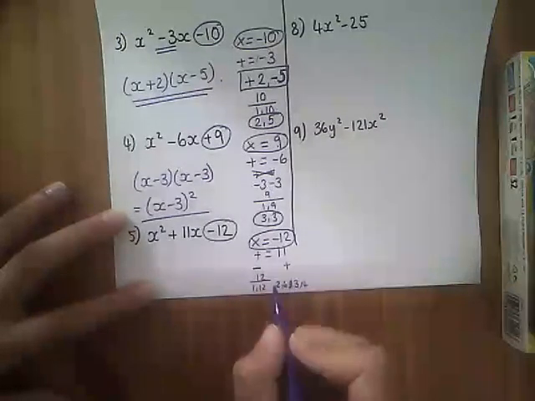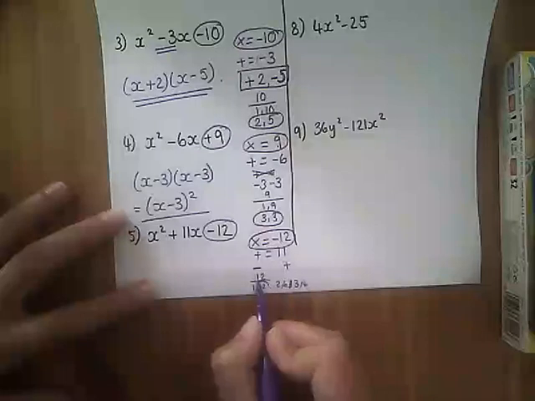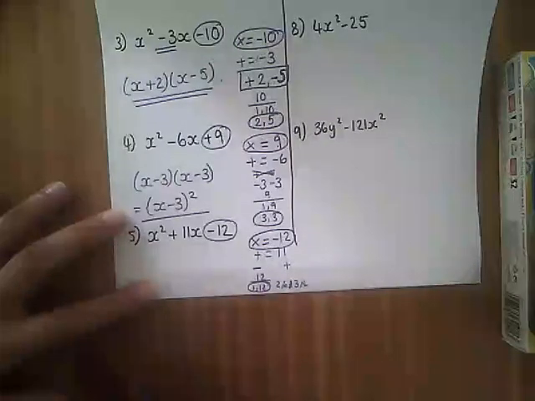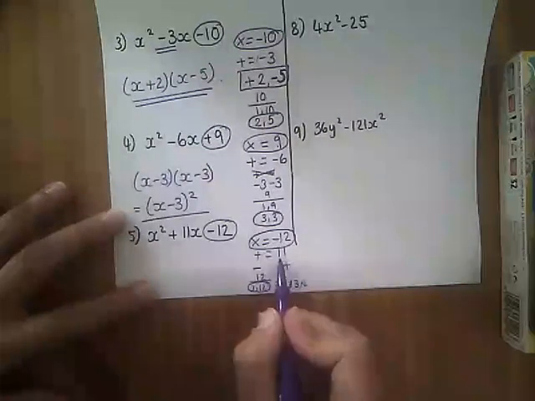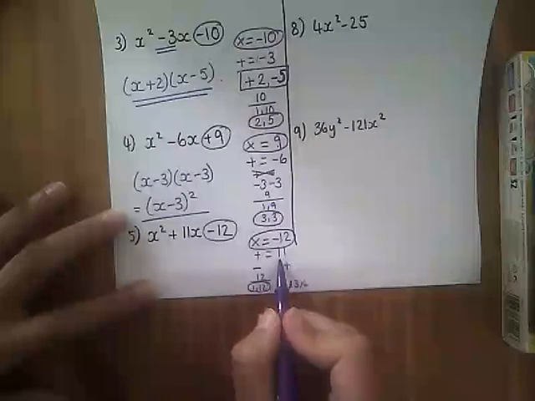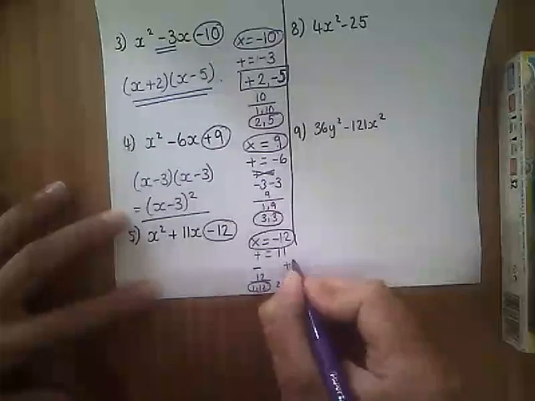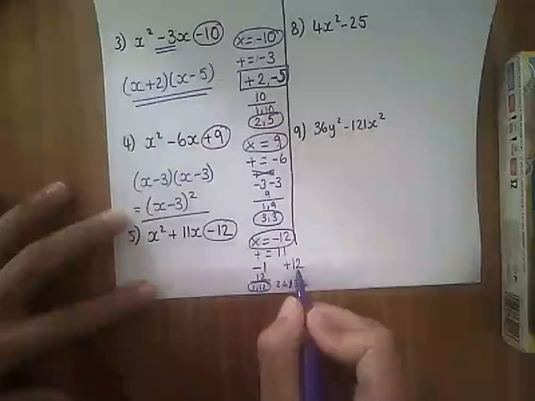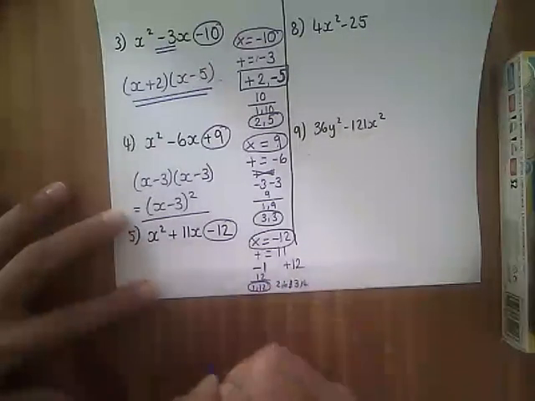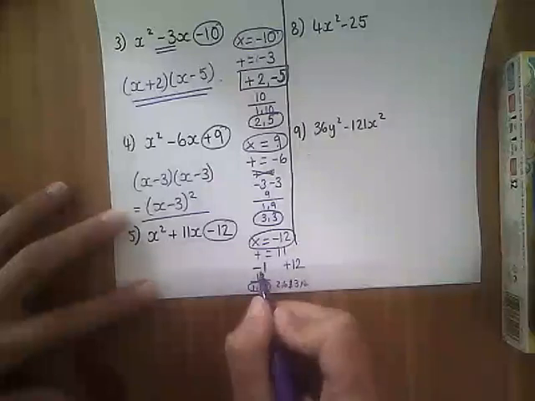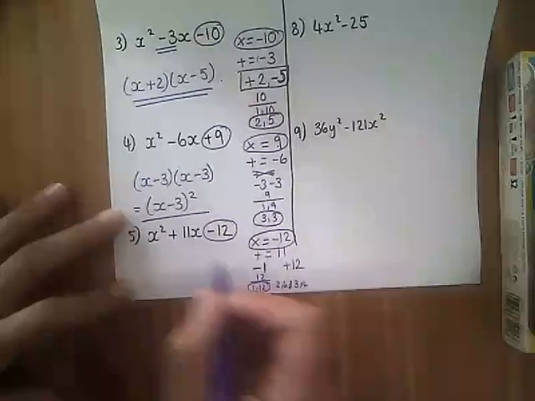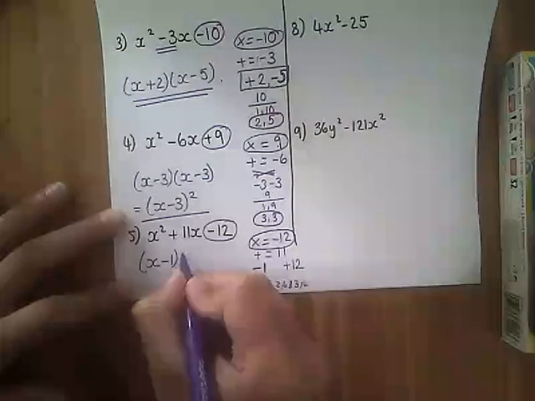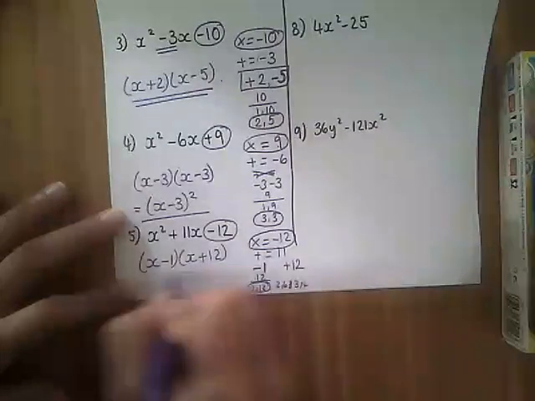Which ones are going to be 11 apart is 1 and 12. We need it to be positive 11. So that means we need our big number to be positive. So we're going to have that to be positive and that to be negative. 12 take away 1 is 11, or 12 add minus 1 is 11. Minus 1 times 12 is minus 12. Happy days. So it's x minus 1, x plus 12.